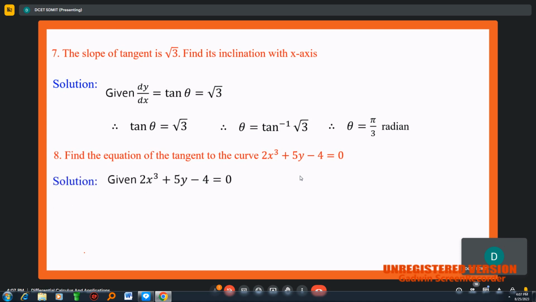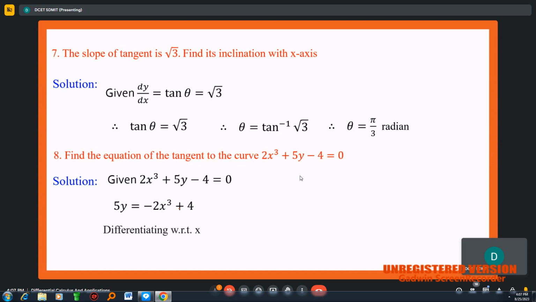Given 2x cube plus 5y minus 4 equal to 0. First we have to differentiate. Before differentiating I will rewrite it, otherwise you can differentiate directly and then find dy by dx. Rewritten, 5y is equal to minus 2x cube plus 4.